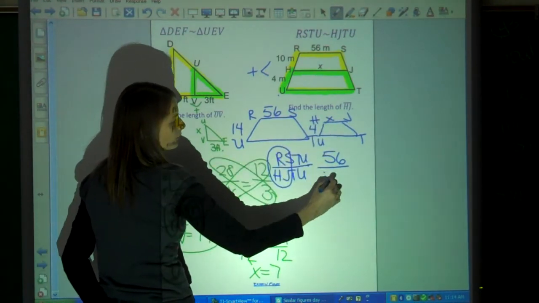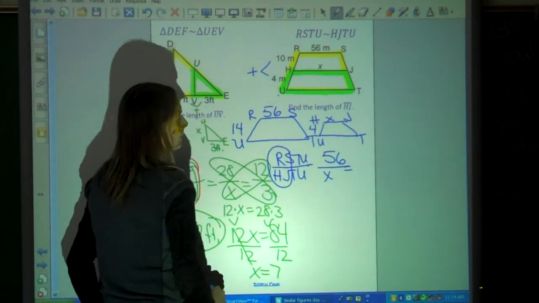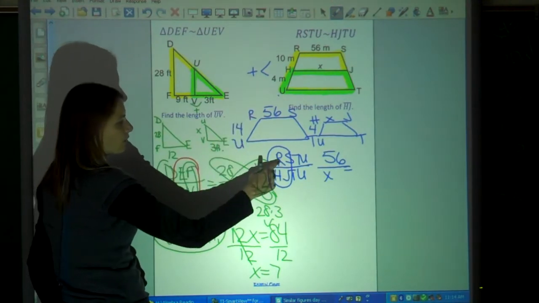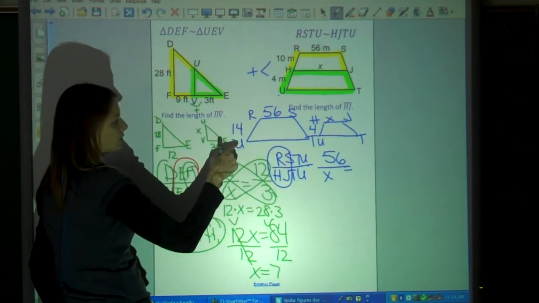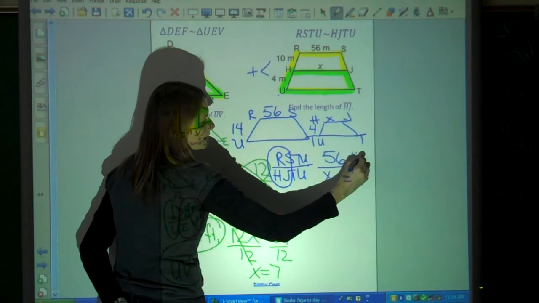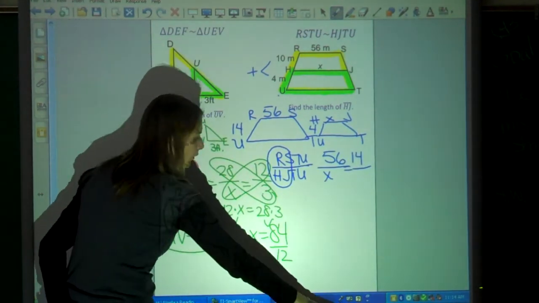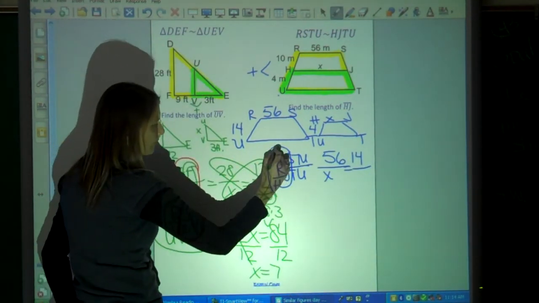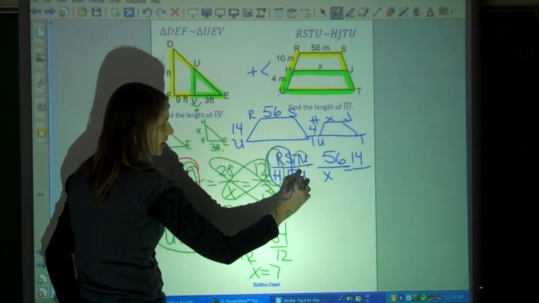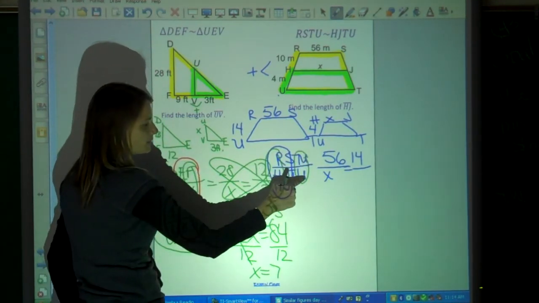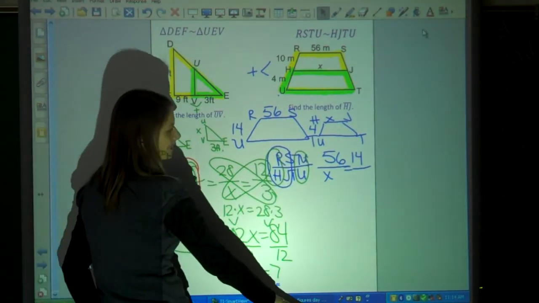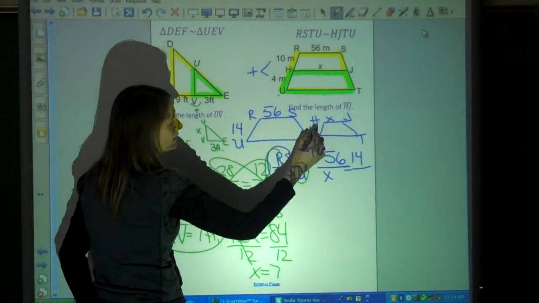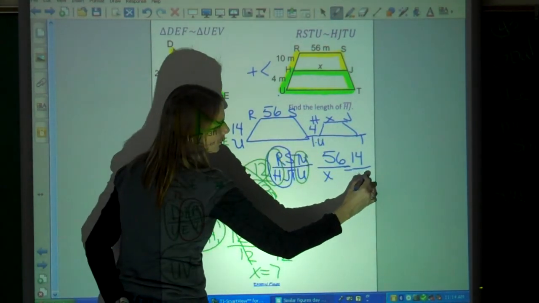HJ is X, so I'm going to put my X there. And then my other side on the RSTU is RU, which is 14. And RU corresponds or matches up with HU on the little trapezoid. So when I look up here, HU is 4.